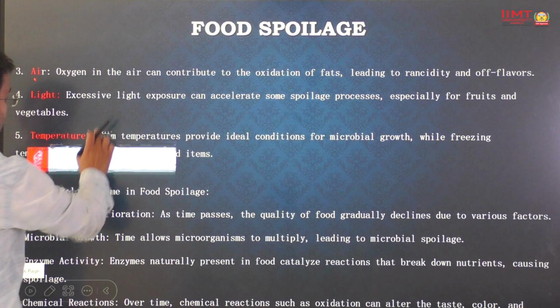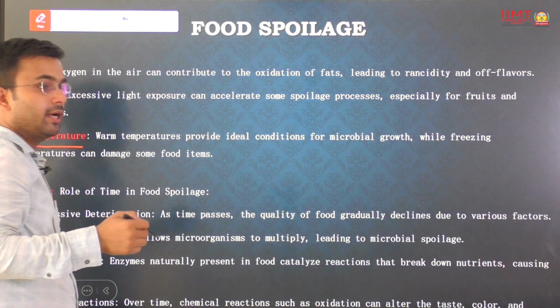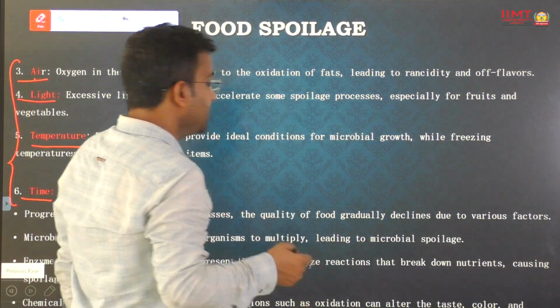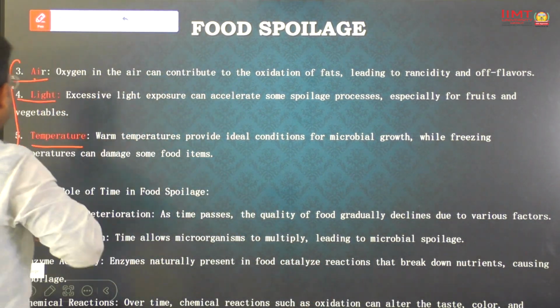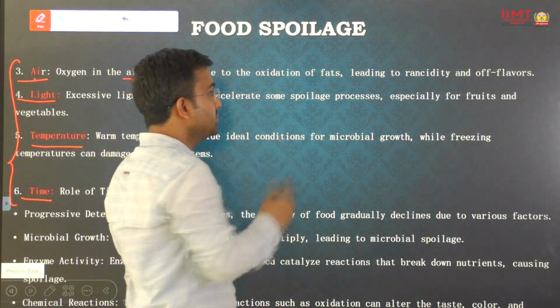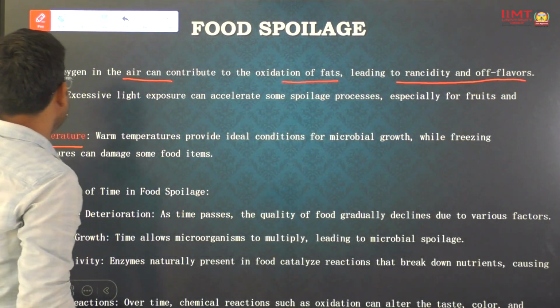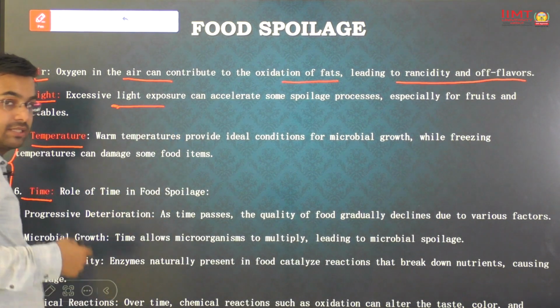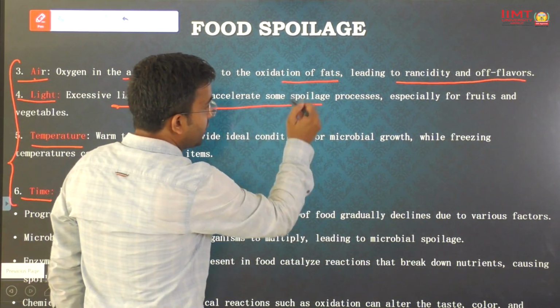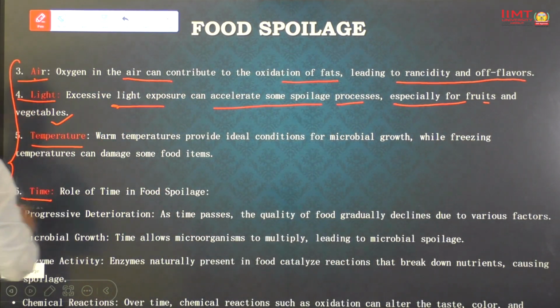Let's discuss air, light, temperature and time. These parameters affect food products and spoil them. Oxygen in the air contributes to oxidizing fats, leading to rancidity and off flavor. Excess light can accelerate some spoilage processes, especially for fruits and vegetables.